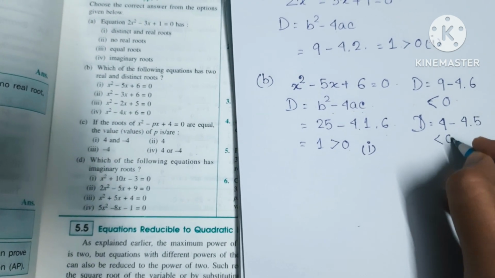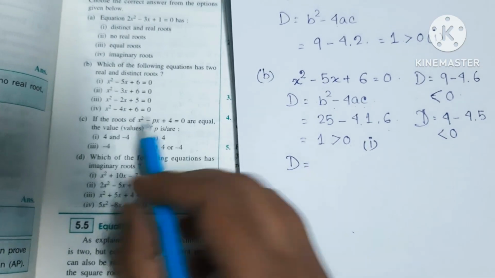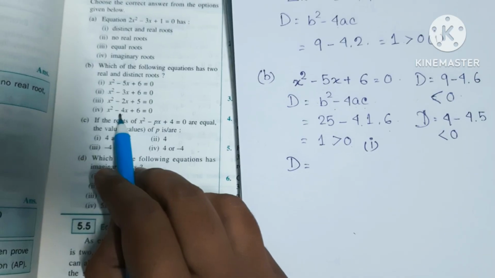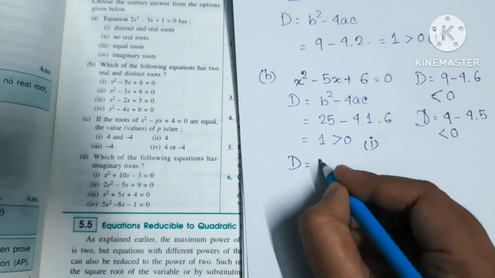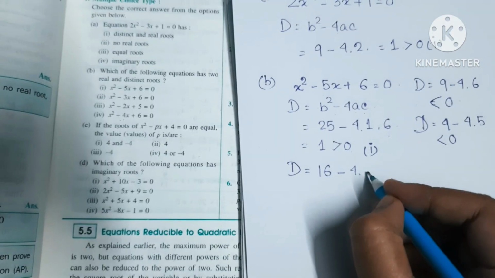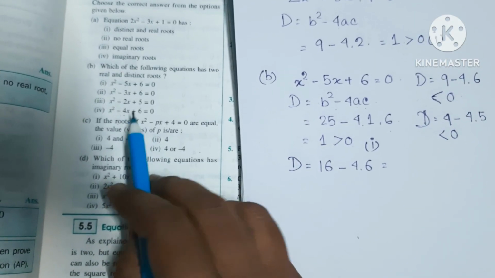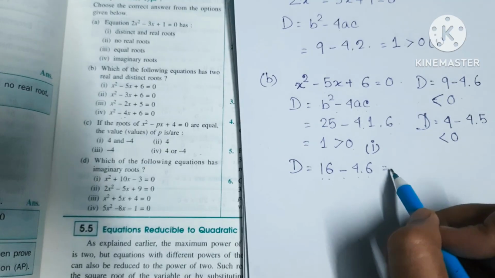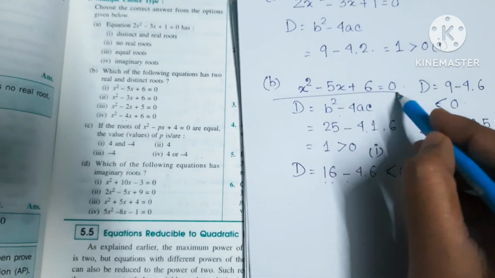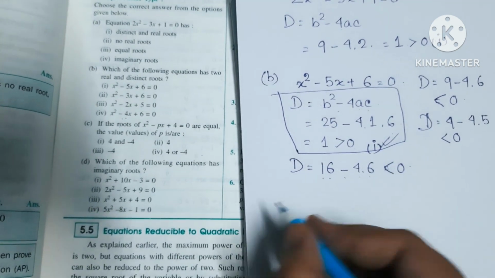So obviously that is also negative. Now for the last one, minus 4 square will become 16 minus 4 into 6. In that case also 16 minus 24, so it will become a negative number. So only for option 1 you will get real distinct roots.